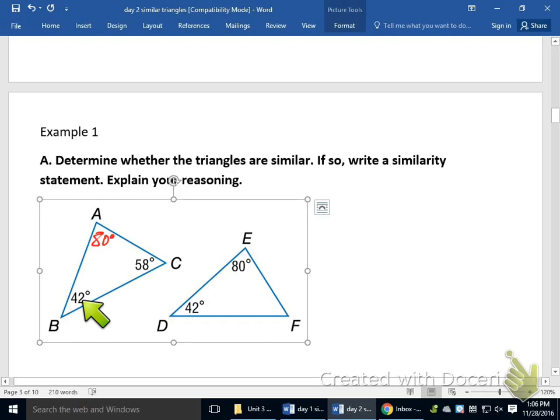I do have two pairs of angles matching. Angle B corresponds to angle D. Angle A corresponds to angle E. So I'm going to say that triangle ABC is similar to triangle EDF, making sure that A corresponds to E and B to D.